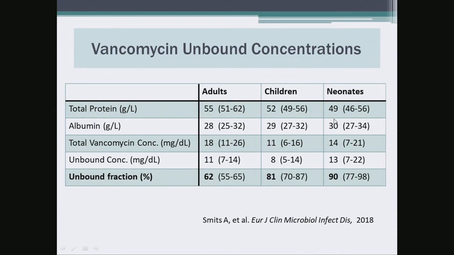If you compare that to neonates with lower proteins, the unbound fraction was approximately 90%. So even though the total vancomycin concentration in adults averaged 18, and was significantly lower in neonates at 14, the actual unbound concentration was higher in neonates than in adults.